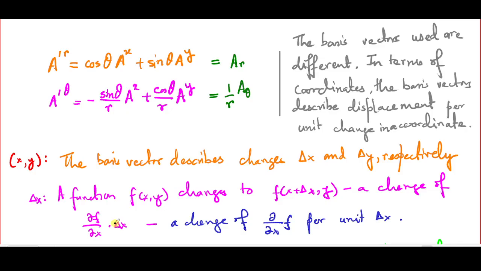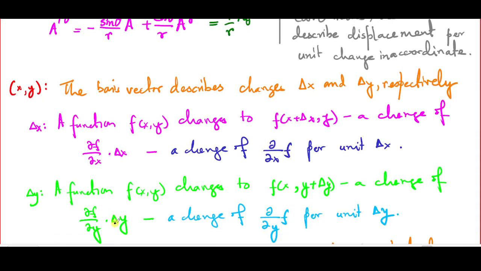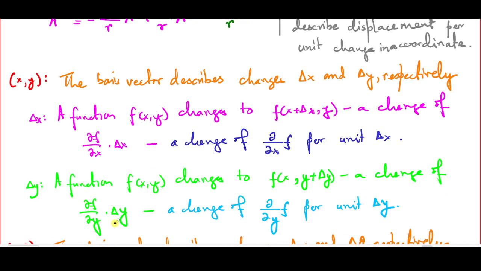So here we can see that as you move along the x-axis, that is, as you move by changing x and x alone without changing y, a function f changes by the amount del x acting on f per unit delta x. Similarly, when you change y and y alone, f of x comma y changes to f of x comma y plus delta y, a change per unit delta y of del y acting on f.